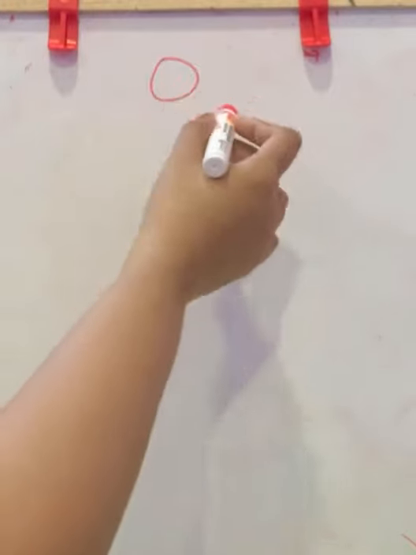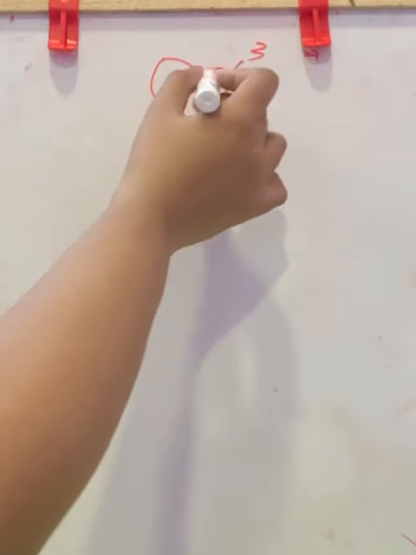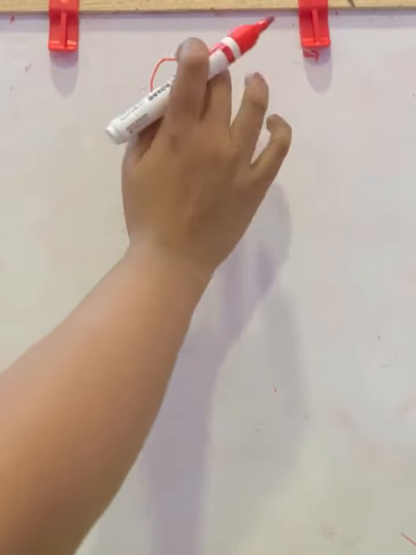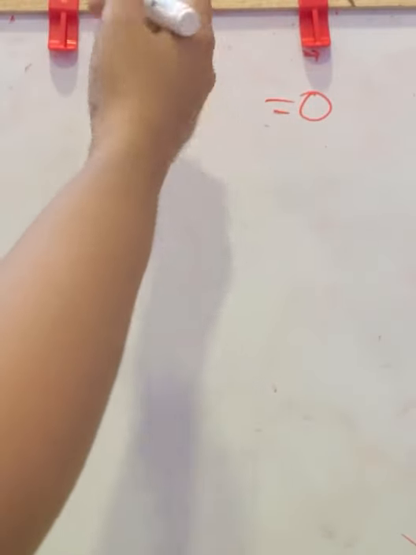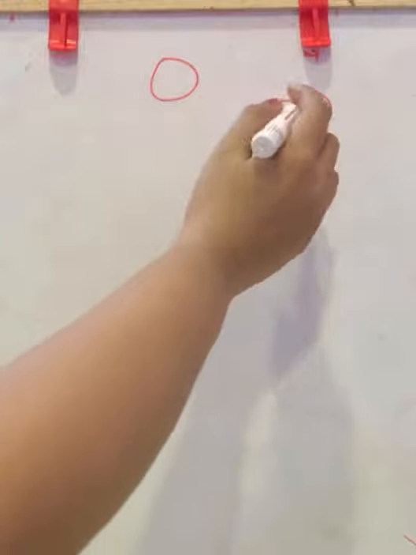So we don't know what is the actual variable or variable's power here. But still we can substitute any value for this, because whatever value we substitute, the result will be 0. Any real number we substitute here, the final result will be 0, because 0 into any variable or any real number, the result is 0.